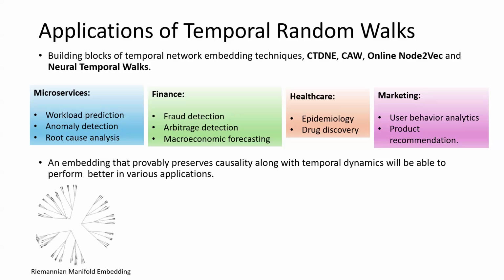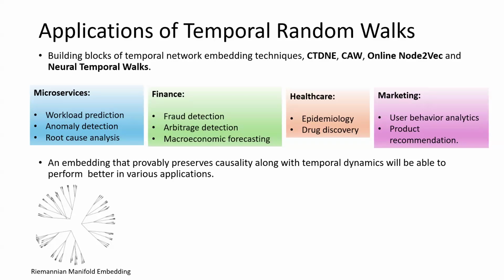They can potentially be used to create better and more expressive embeddings. As an example, we can see Riemannian manifold embeddings. This class of geometric embeddings is designed to preserve causality from the very core. But current implementations are strictly applicable to directed acyclic networks, or DAGs, and they are not that scalable.